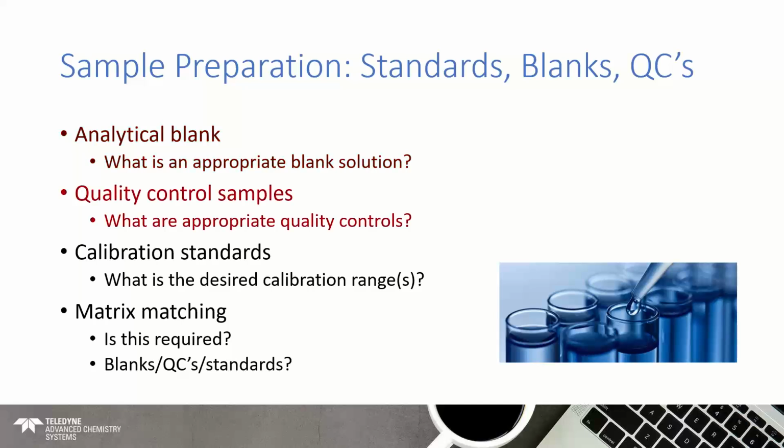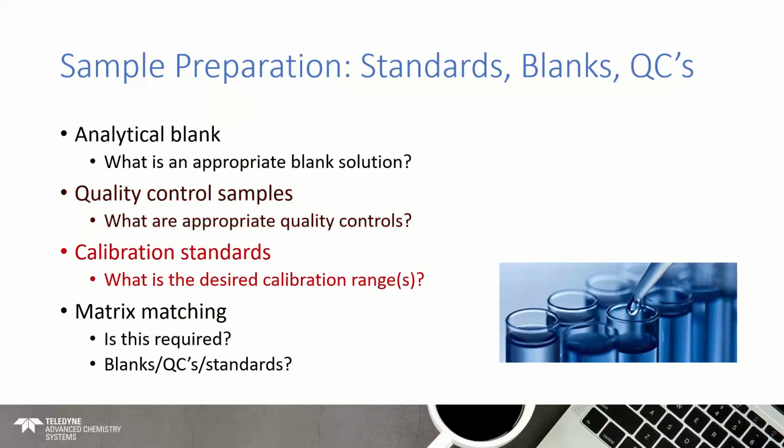Quality control samples. If you're doing a large project, for example, a large number of samples, you'll typically have quality controls that will contain known concentrations of the analyte that you're interested in, high or low concentrations. So what are those quality control samples and how are they to be prepared so that they are appropriate for your sample analysis?